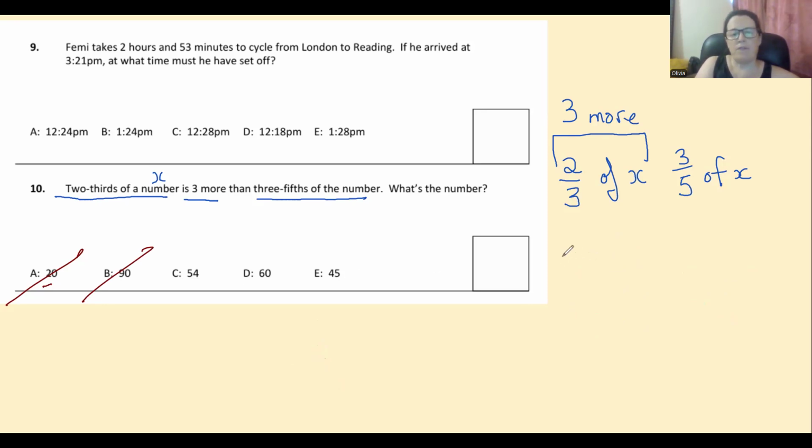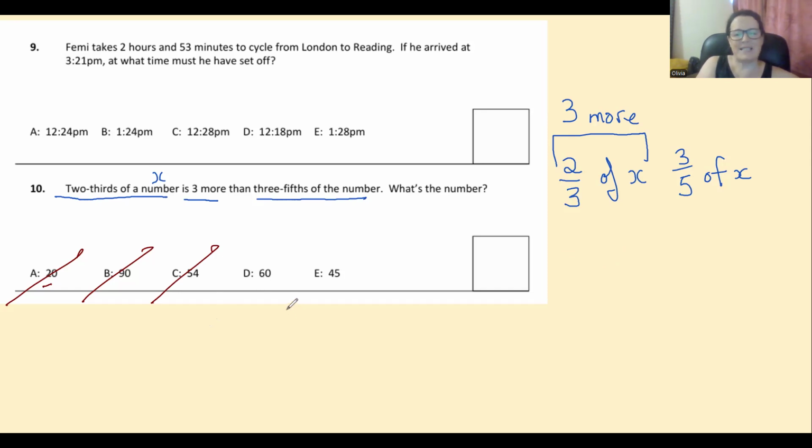2/3 of 54. Well, do you know what? I'm going to mark off 54 because in my head, I was thinking, yes, I can get 2/3 of 54. But when I go to get 3/5 of 54, if I divide 54 by 5, it's going to be a decimal or a fraction. So it's going to work out very strangely. So I'll cross that off.